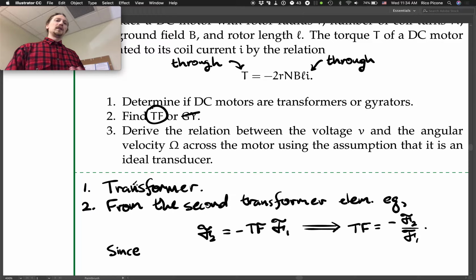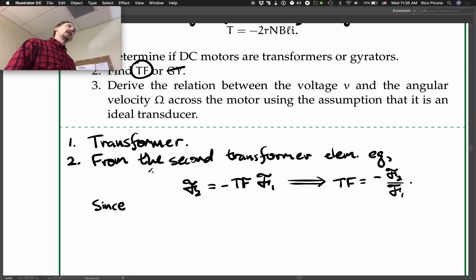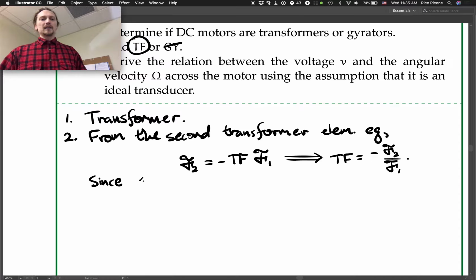Assuming that we're using this as a DC motor, side 1 is going to be the electronic side and side 2 the mechanical side. So F1 is the through variable on the electronic side, the current, and F2 is going to be the torque.